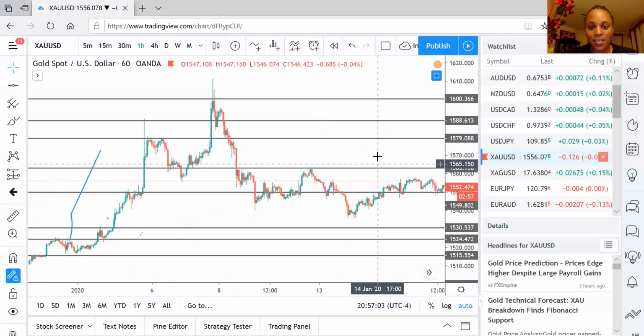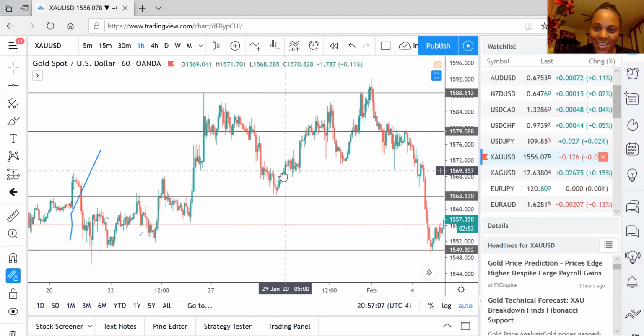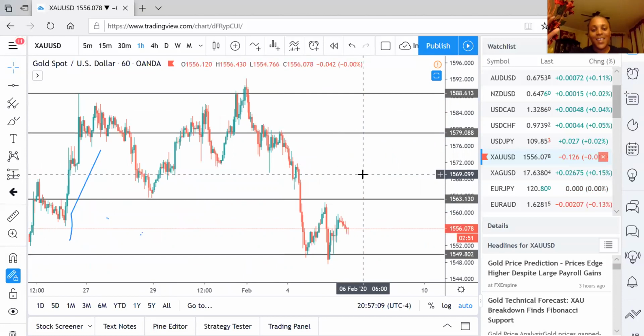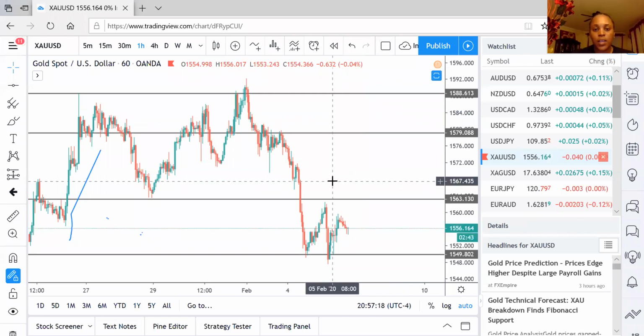So guys, no more motivational talk. We're not that strong out here. But what I am saying to you, the essence of this call, I want you to come away from this call knowing that you can trade zone to zone. Trading can be simple. I've started off by just showing you simple support and resistance.